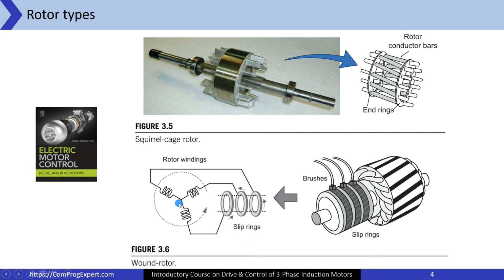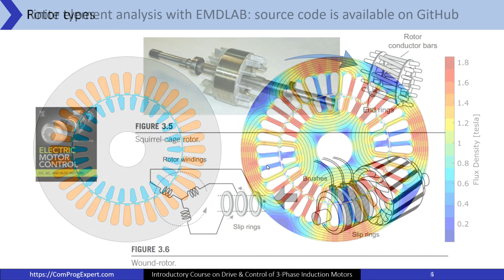In this case we have three identical phases on the rotor core that are connected in star, and these terminals are connected to the external resistance or power supply using these slip rings and brushes. So this type of rotor is used for specific applications.